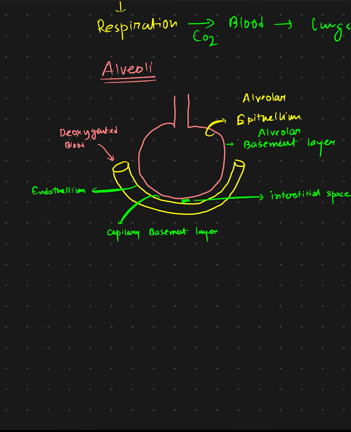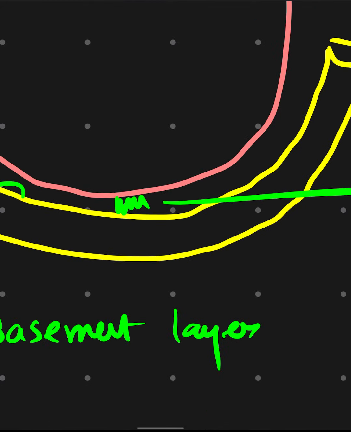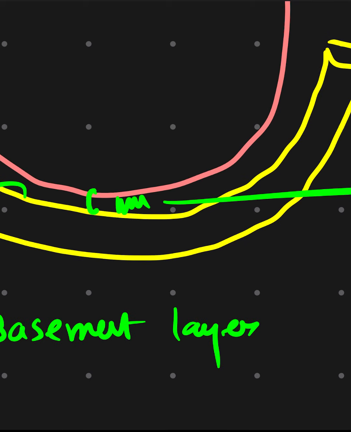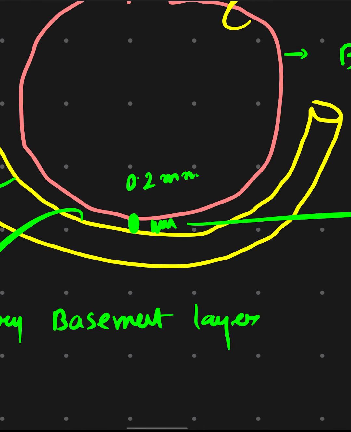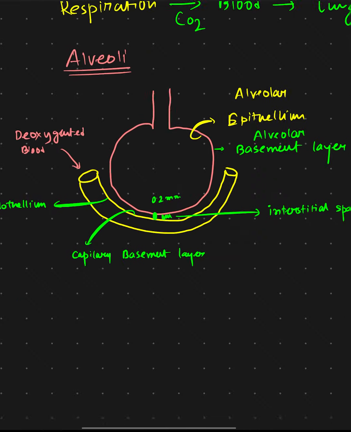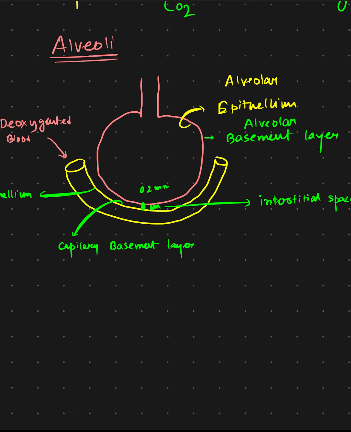Okay. And all these layers make up a diameter of only 0.2 millimeter. So this is very thin. That is why diffusion is occurring so efficiently. So the capacity of the lungs to allow diffusion is known as diffusion capacity.